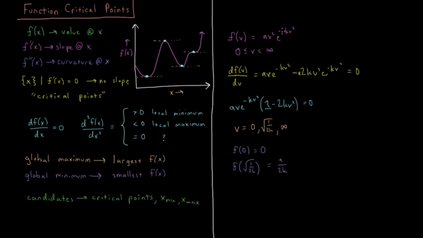And then we have e to the minus kv squared: 1 over 2k times minus k is going to be e to the minus k over 2k, which is e to the minus 1/2, which is some number that'll be around 1 point something. And then f of infinity: if I put an infinity in this exponential, I get 0, so this is going to be 0.